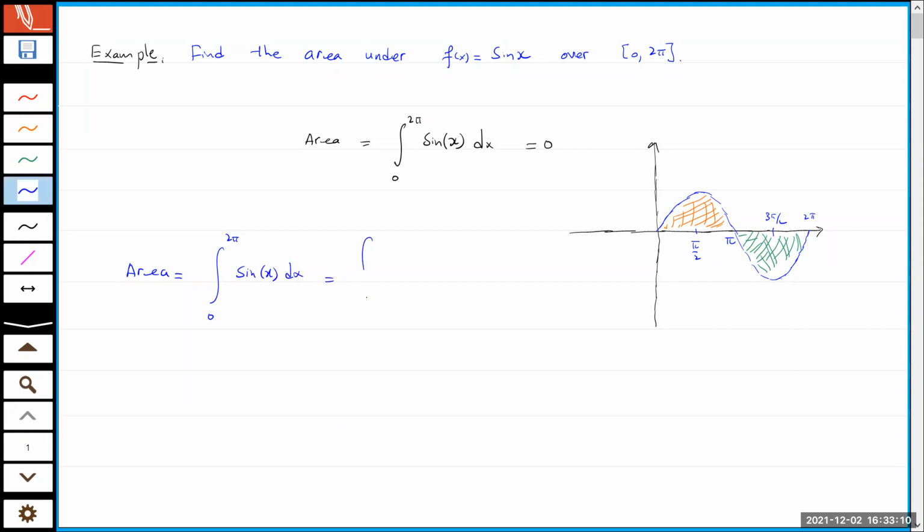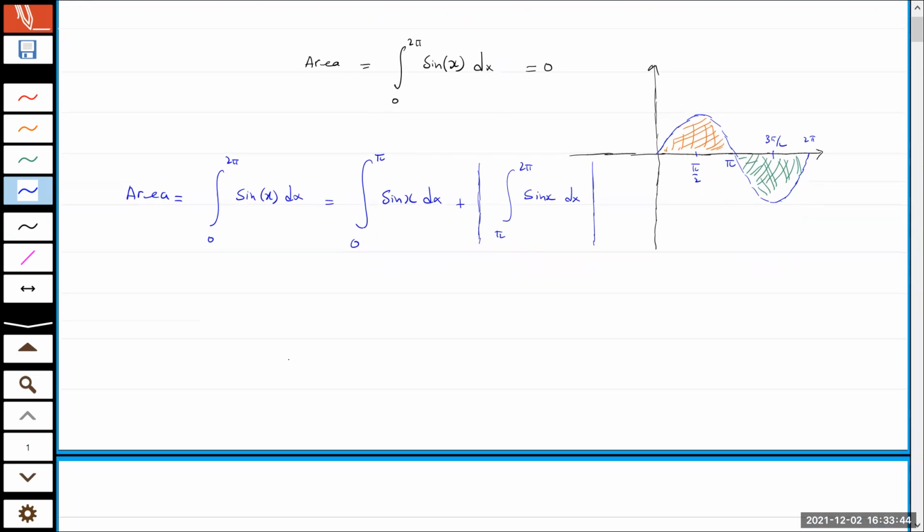First I go from 0 to pi, where I know the value is positive. Then from pi to 2 pi, I use an absolute value of the integral of sine x dx, because in this range my function goes under the x-axis. My Riemann sum is going to come out negative, so to find the area I have to take the absolute value.